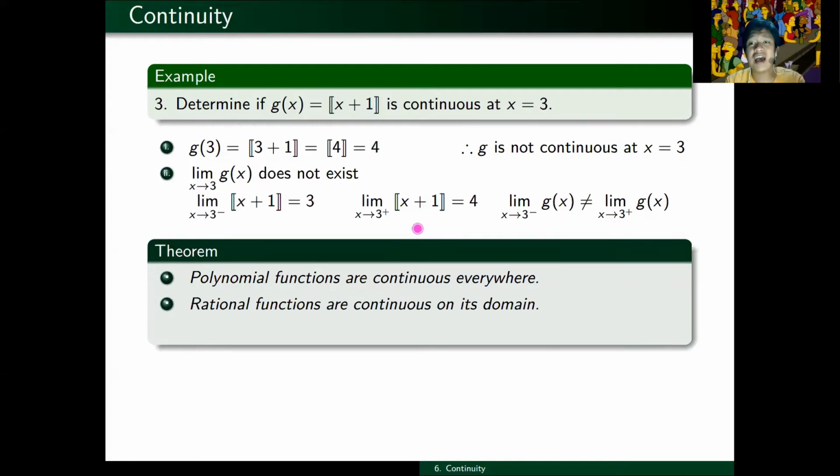Sabihin, continuous siya sa isang number as long as defined yung rational function mo dun. So, ibig sabihin, kung yung x na yon hindi niya pinapa-zero yung denominator, then your rational function is continuous at that x. And lastly, trigonometric functions are continuous on its domain. So yung mga sine, cosine, tangent, those are continuous sa lahat ng real numbers na nag-e-exist yung functions na yan. Okay?